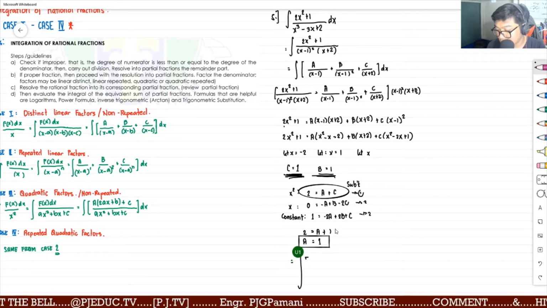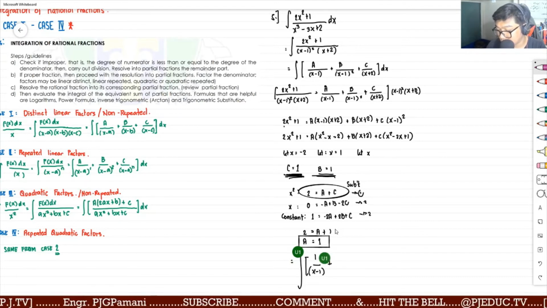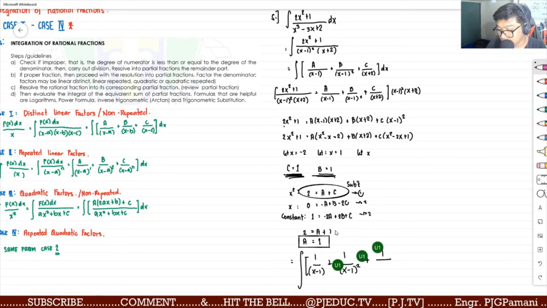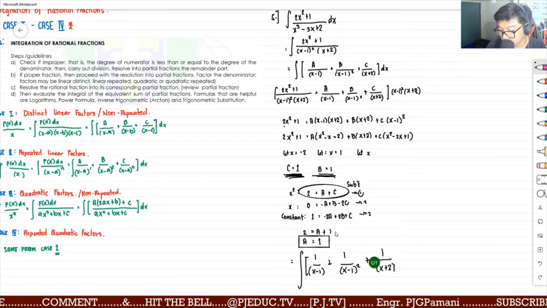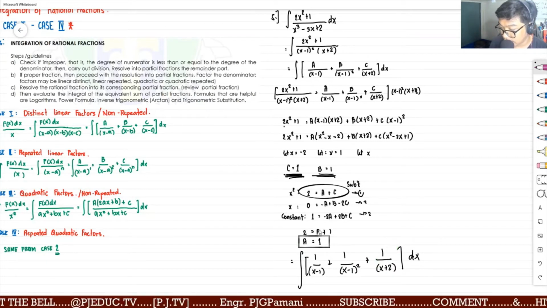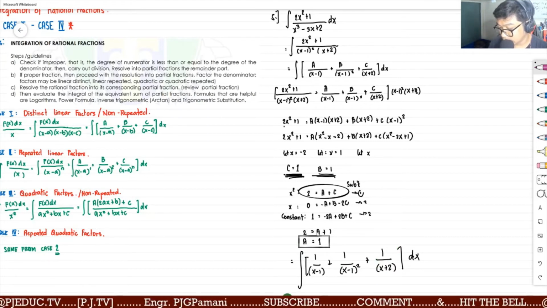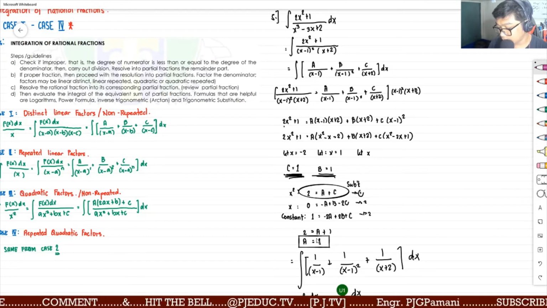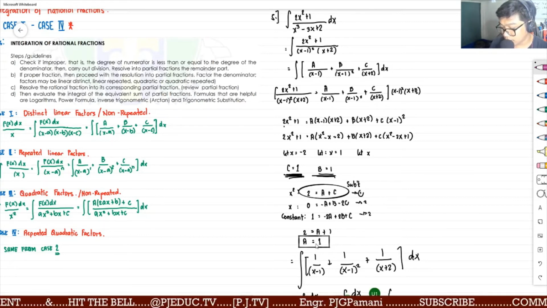That is 1 over x minus 1 plus 1 over x minus 1 squared plus 1 over x plus 2. Then, dx. Okay? So, that is simply dx over x minus 1 plus integral of dx over x minus 1 squared plus integral of dx over x plus 2.